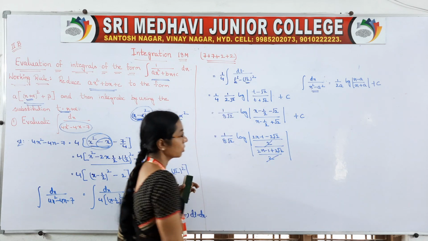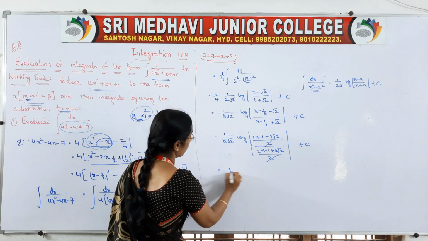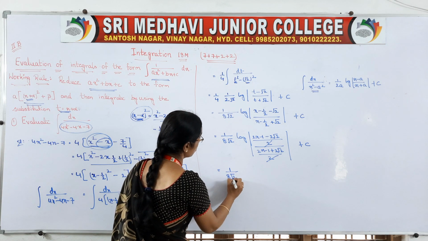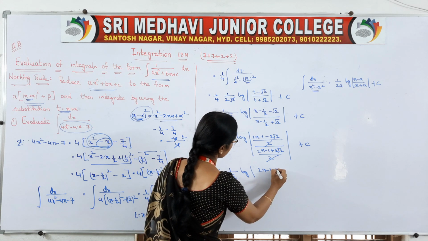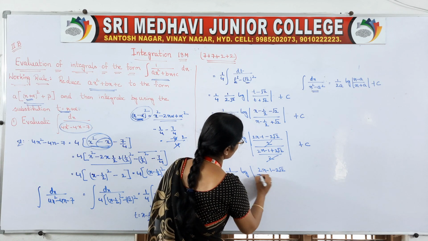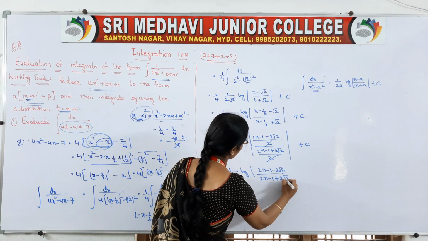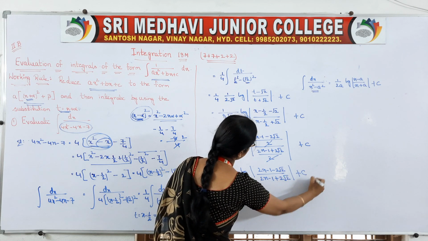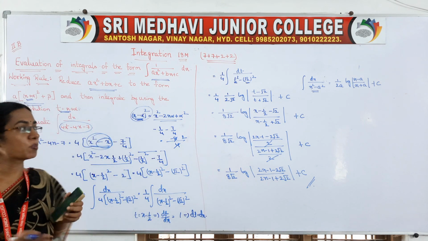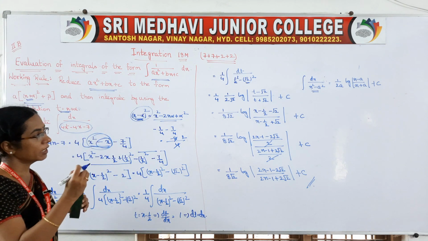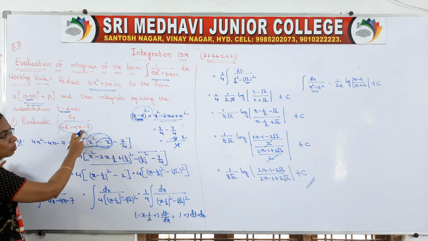So the 2 gets cancelled. So it is equal to 1 by 8 root 2 log of modulus of 2x minus 1 minus 2 root 2 by 2x minus 1 plus 2 root 2, plus c. That is the answer.